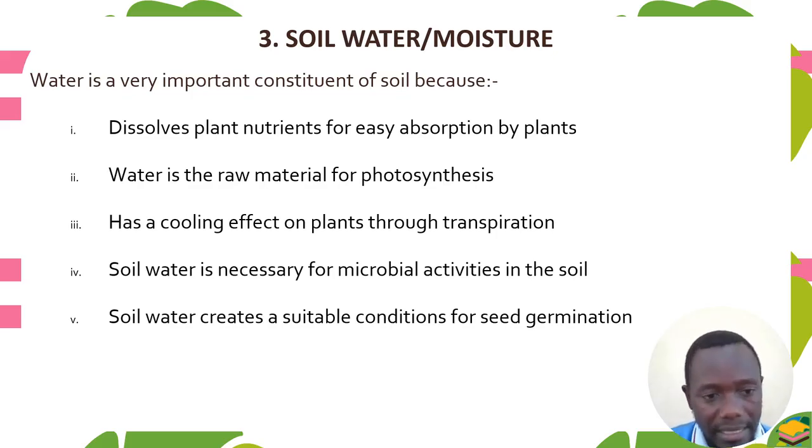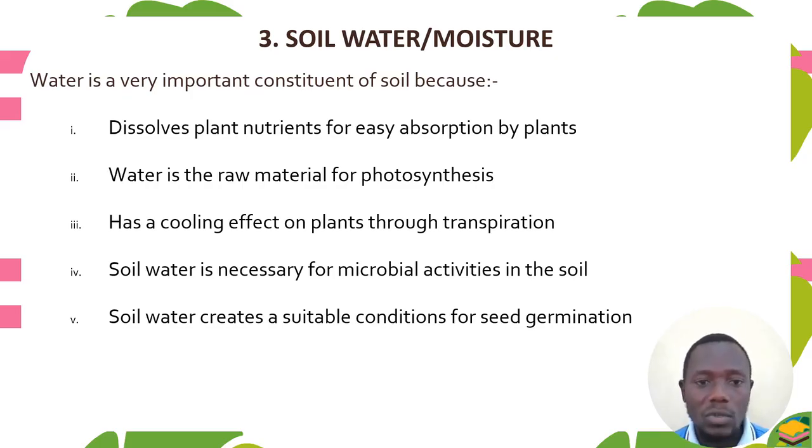The other importance is that water has a cooling effect, more especially during transpiration. When water is going into the atmosphere from the plants, it has a cooling effect. Another importance is that soil water is necessary for microbial activities in the soil. Those microorganisms require water to perform their activities.